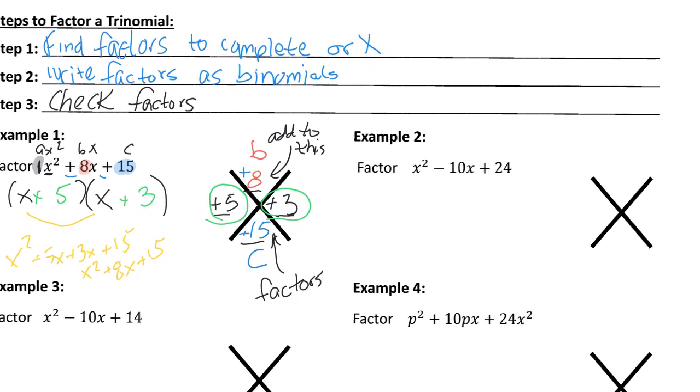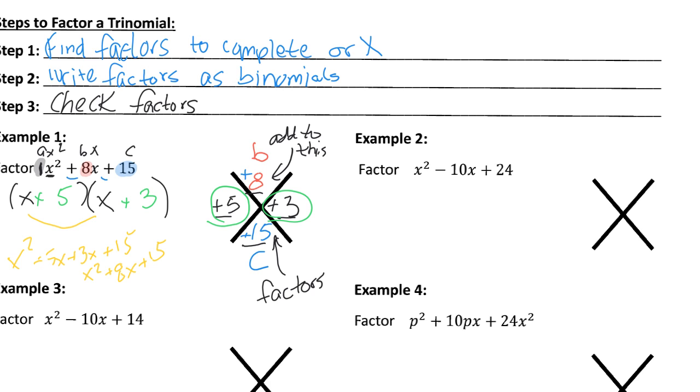So let's walk through example 2. I'm going to highlight my A, B, and C values again. So I have my A value, my B value. I'm highlighting the sign that goes with these values, and my C value.